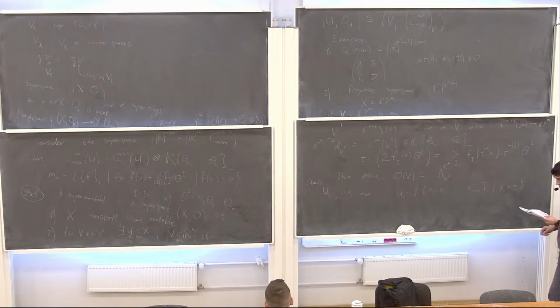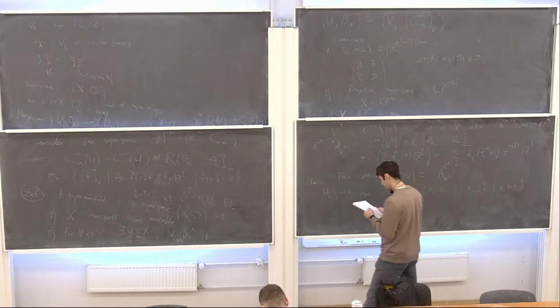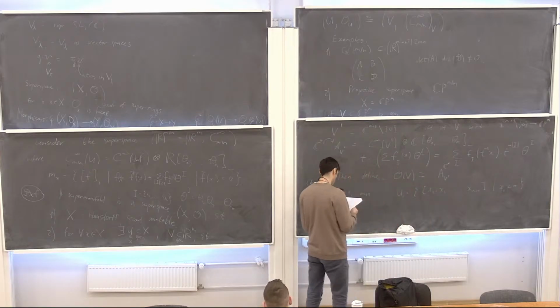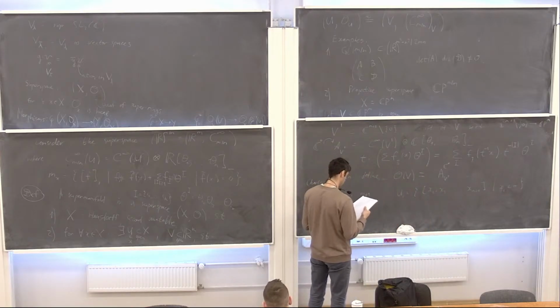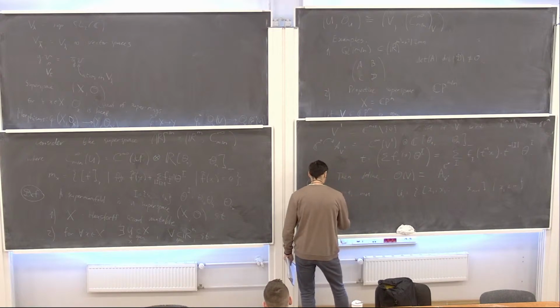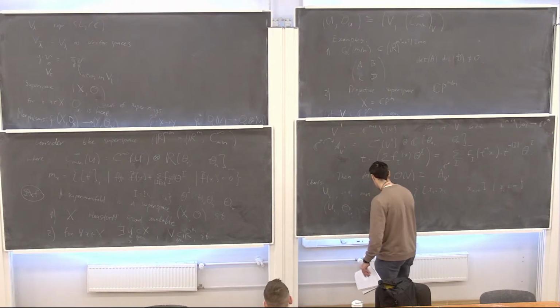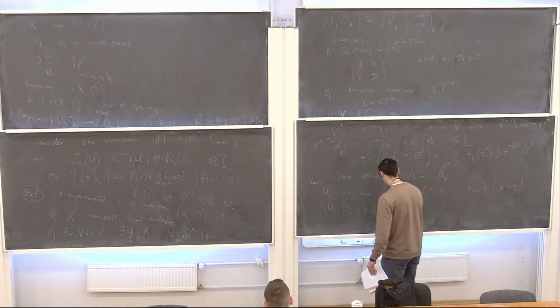And the restriction of O to U_i is of course isomorphic to R^{m|n}.